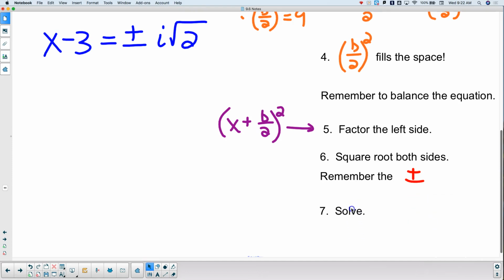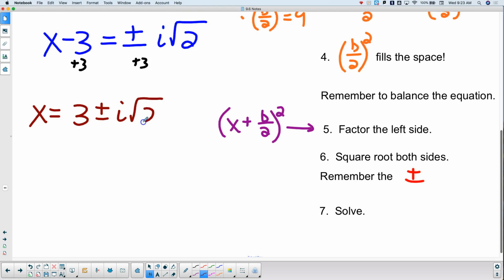I can solve that equation by adding 3 to both sides. So I get here x equals 3 plus or minus i times the square root of 2.